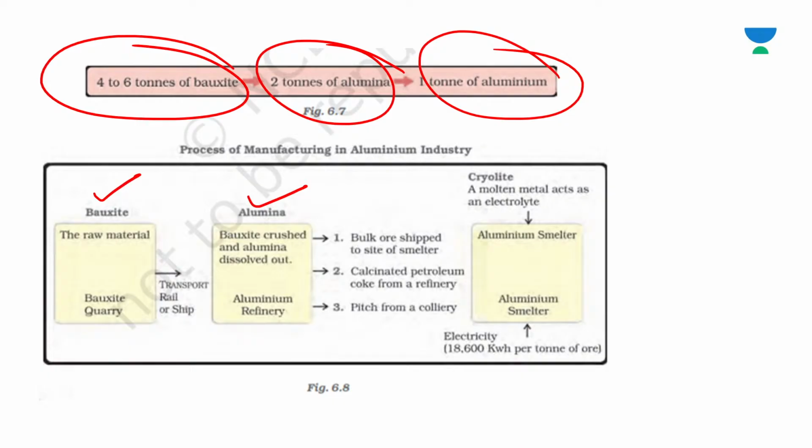After that, it is bulk shipped to the site of the smelter. Calcinated petroleum coke from a refinery, pitch from a colliery, then a molten metal acts as an electrolyte in the aluminium smelter, producing the electricity that is 18,600 kilowatts per ton of ore.